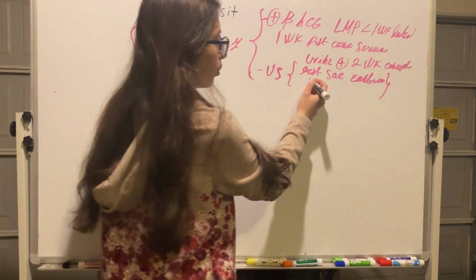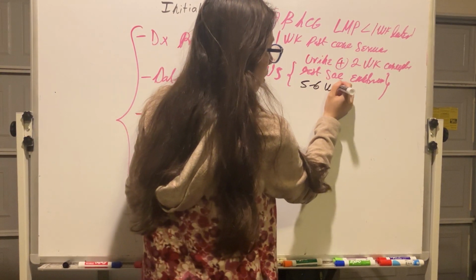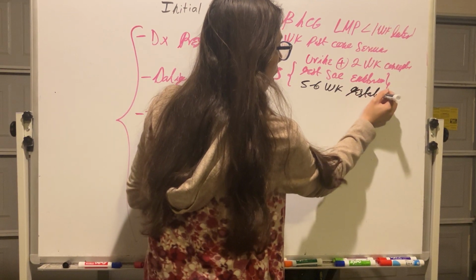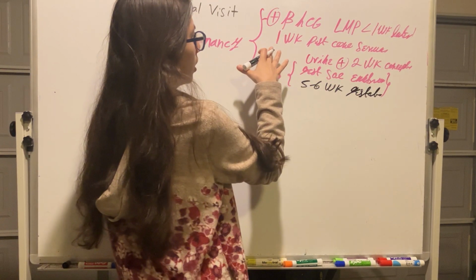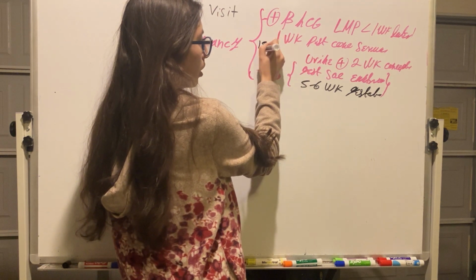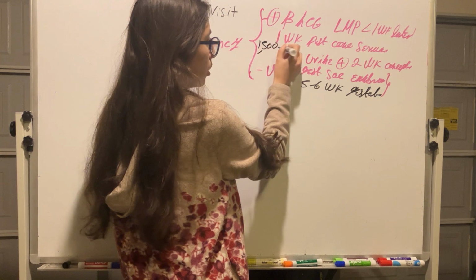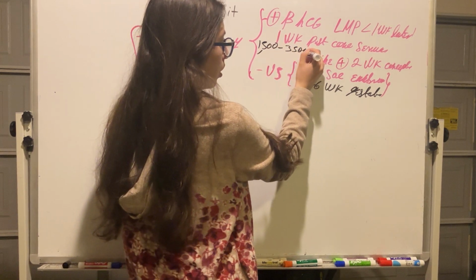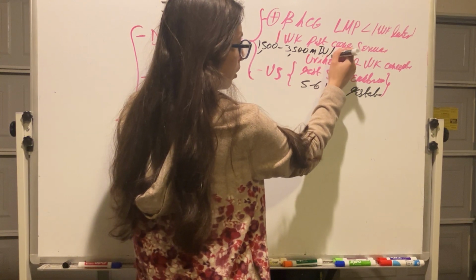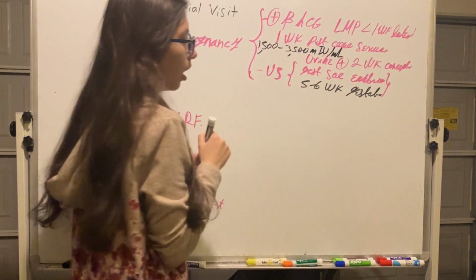This is about 5 to 6 weeks gestation, which corresponds to having beta HCG levels of 1,500 to 3,500 international units per milliliter.